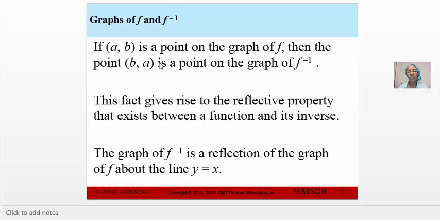So in other words, if I know a point on f whose coordinates are (a, b), then I also can conclude that the point (b, a) is on the graph of f inverse. And so we want to take a look at this property and what it looks like.